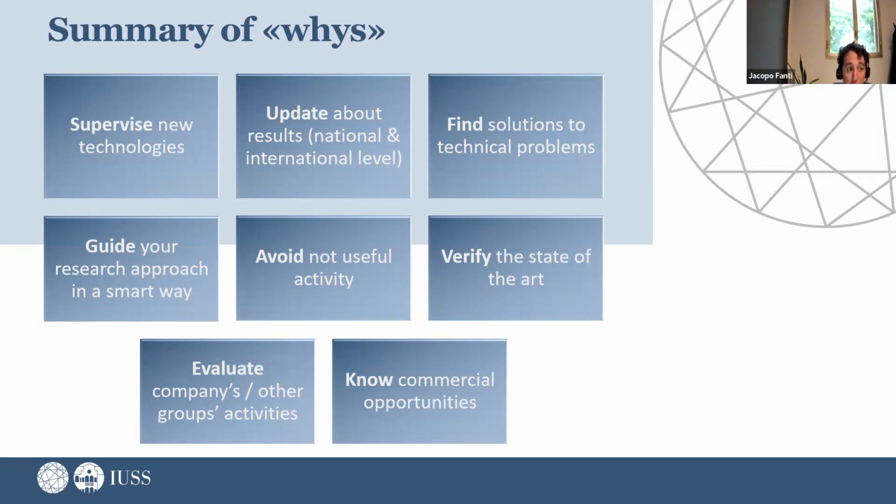Because you need to supervise new technologies, you need to be updated about the results coming from other research groups or companies. Then you can find solutions to technical problems in case you are looking for a solution. You could avoid useless information. And also, if you are starting a new research project, being aware of the state of the art of that technical field could guide your research approach in a smart way, avoiding reinventing the wheel, as we saw.